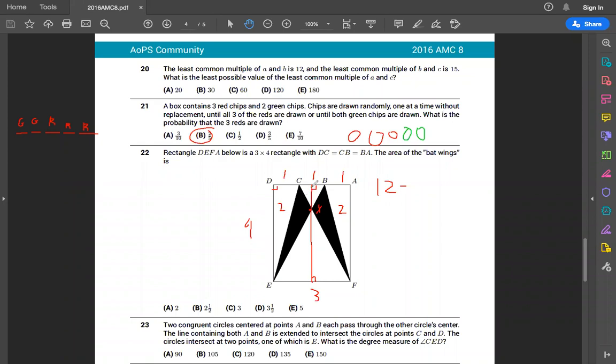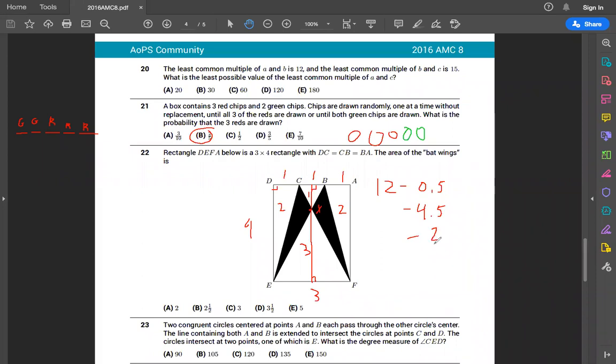So they're split 1 to 3, which basically means the height for the smaller triangle would be 1, and the height for the bigger triangle would be 3. And to find the area of these triangles, we'll use base times height divided by 2 again. So 1 times 1 divided by 2 is 0.5. And the bigger triangle, 3 times 3 divided by 2 is 4.5.